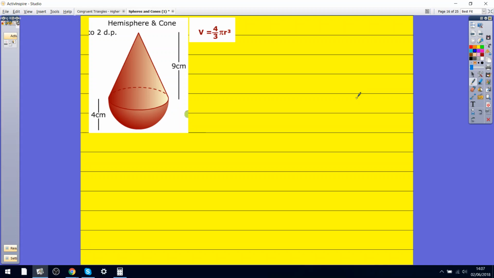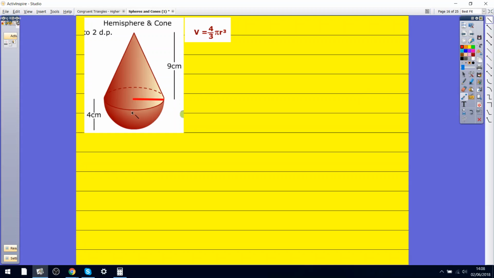So the radius is from the center to the circle. And so because it's a circle, same way all the way around, it would be the same as that length there. So the red length and blue length are going to be the same. They're both radiuses. That's it.